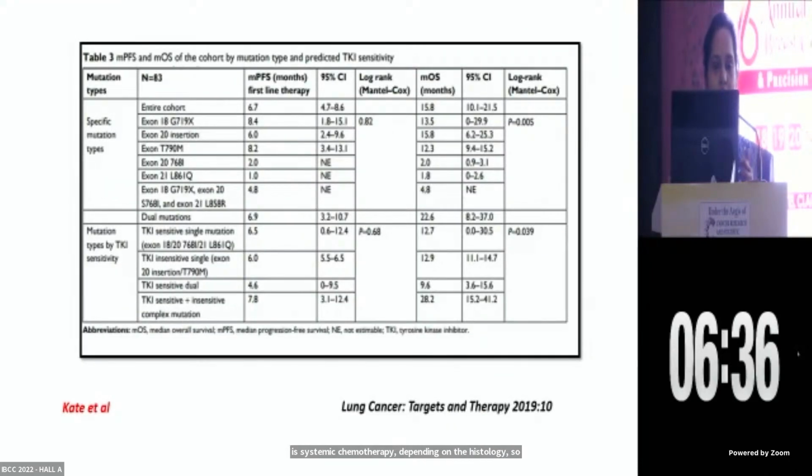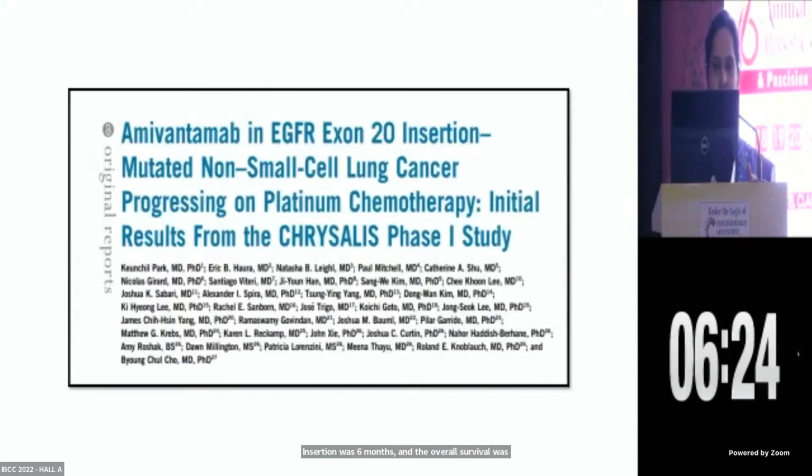In the retrospective analysis I mentioned, the median PFS of exon 20 insertion was 6 months and the overall survival was 15.8 months. So what next after chemotherapy? Do we have any other agent which can specifically combat the effect of exon 20 insertion on the tumor cells?